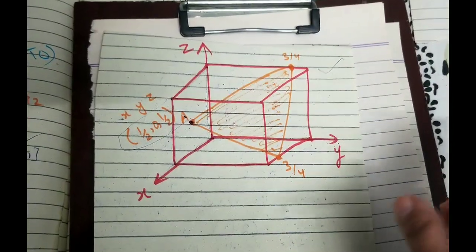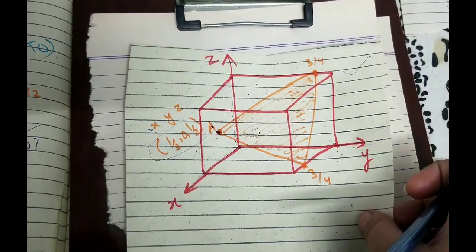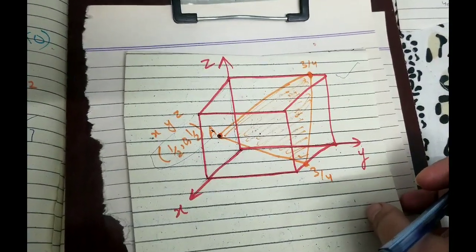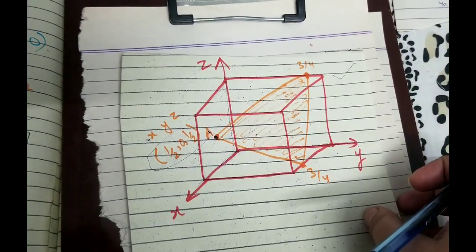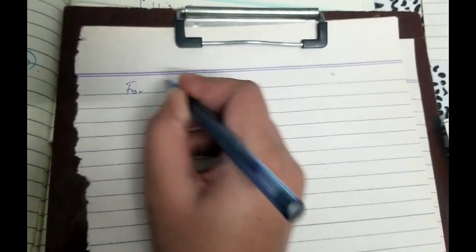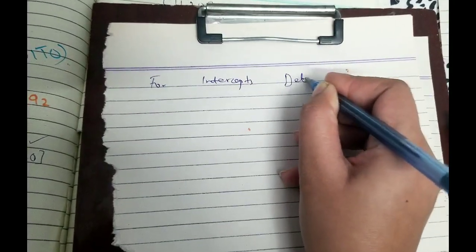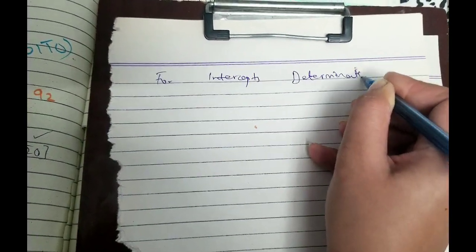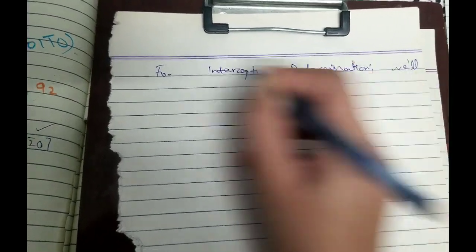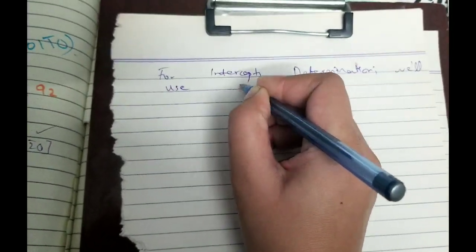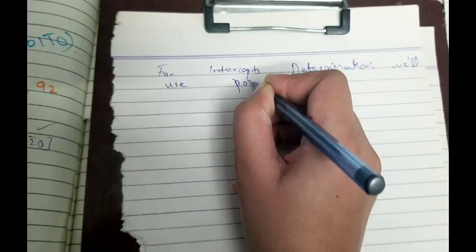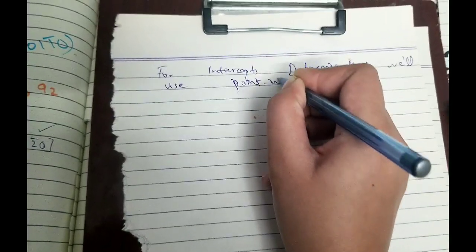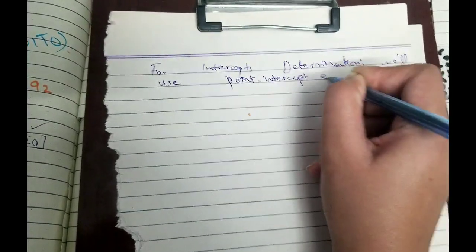Now let me find the intercepts for the plane, and then we'll be able to find the Miller indices of the plane. So for intercept determination, we'll use the intercept equation, which is actually the equation of a plane.